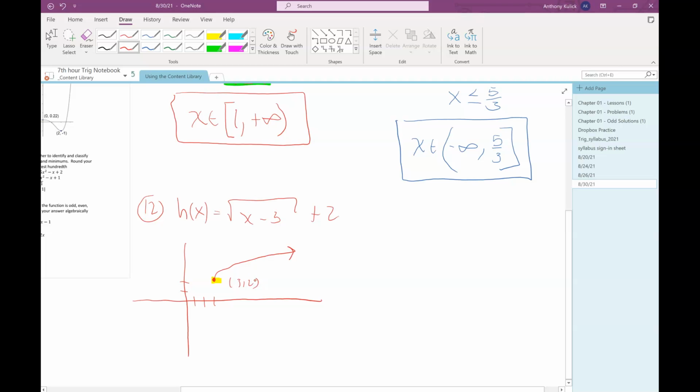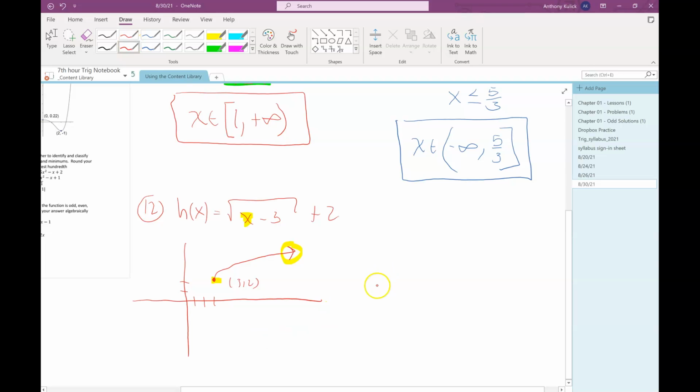I can confirm that because if I plugged in 3 for x, 3 minus 3 is 0, the square root is 0, 0 plus 2 is 2, right? So I can confirm that what I read from the graph is indeed what it is. And the highest point on this graph is, well, there isn't one because I have an arrow that's going up and to the right. Everybody feel okay with that?